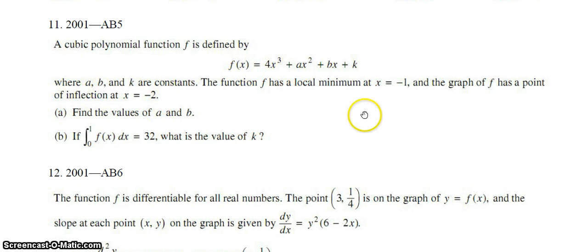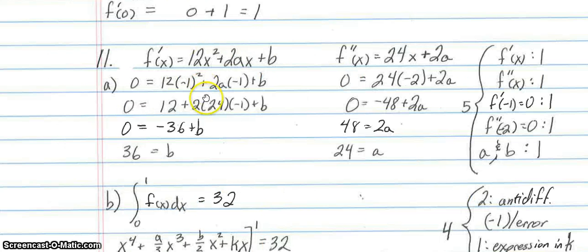Point of inflection occurs, yes, we know second derivative changes signs, but that means the second derivative at negative 2 is equal to 0. So f prime set equal to 0, get an equation with just a and b. F double prime, get an equation with just a. So we can solve for a, plug it in, find b.